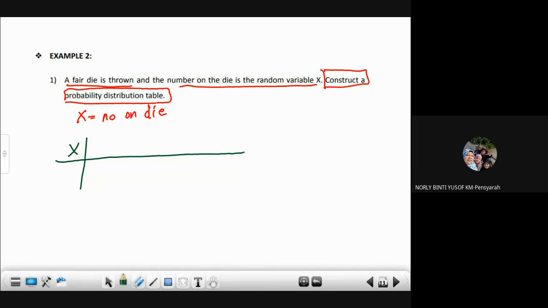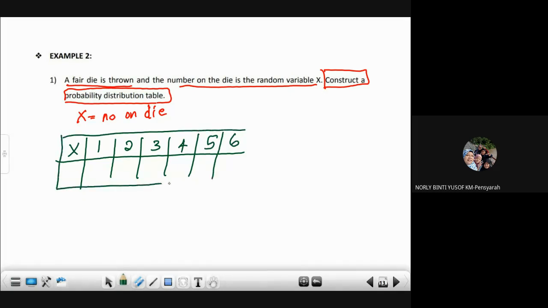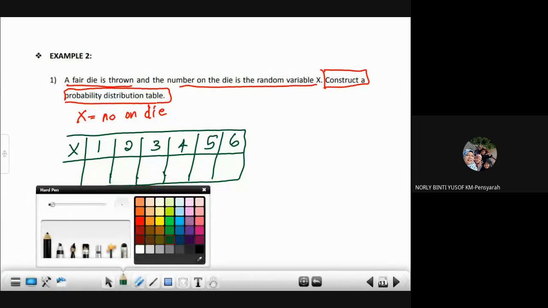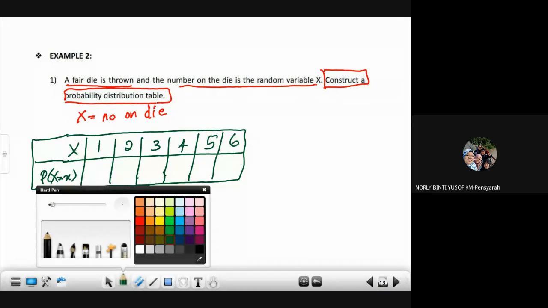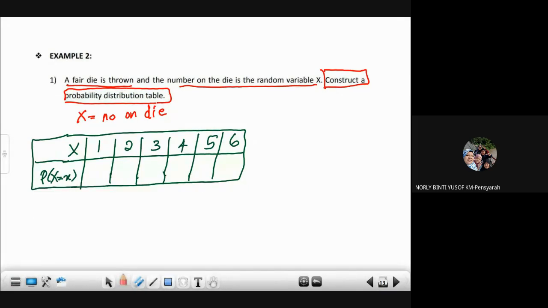So discrete x adalah dalam dadu start daripada 1 bukan 0. 2, 3, 4, 5 dan 6. Okay, and then this is probability of your function, P(X = x). Okay, so probability untuk getting number 1 from sample space 1/6.